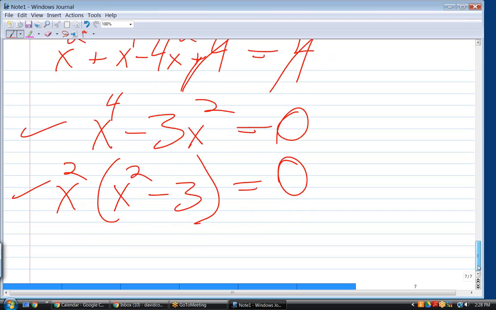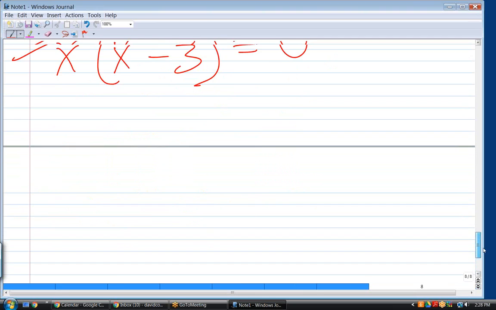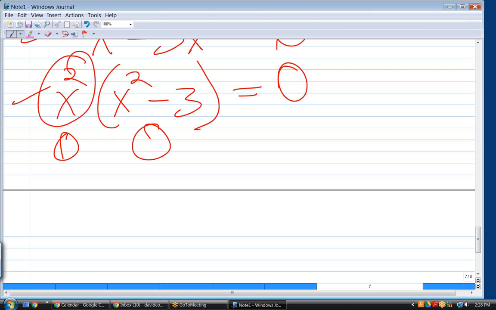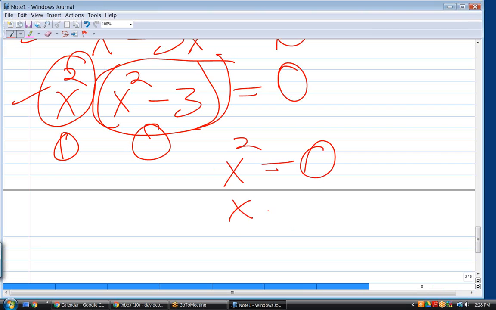Now, that allows me to solve it because now I can say either that equals 0 or this equals 0. Has to be. I can't multiply that times that and get 0 unless one of them is 0. So I'm going to set each one equal to 0 and solve.